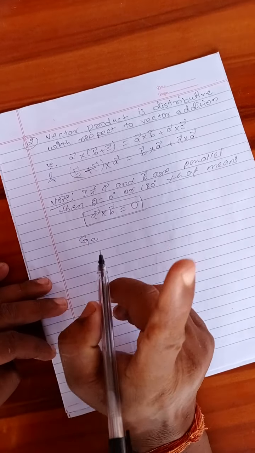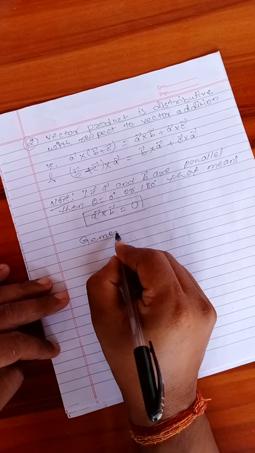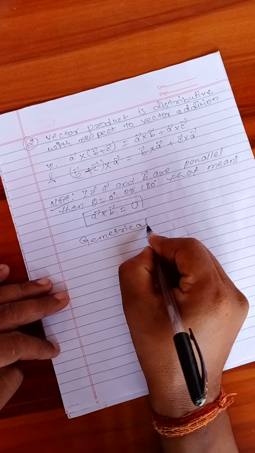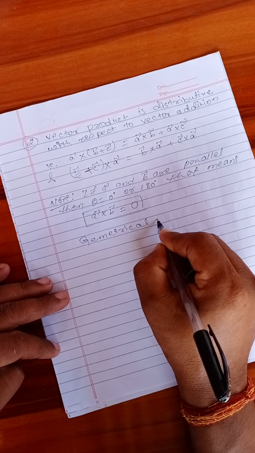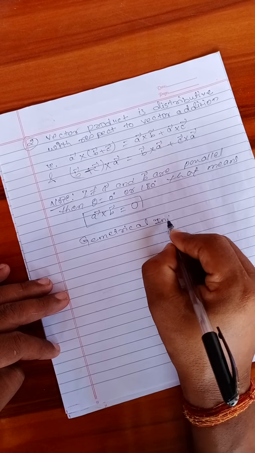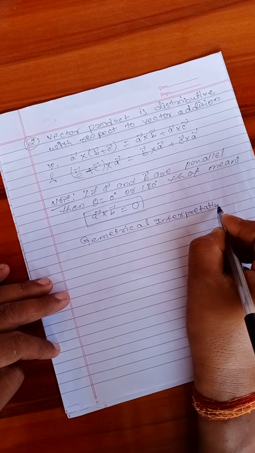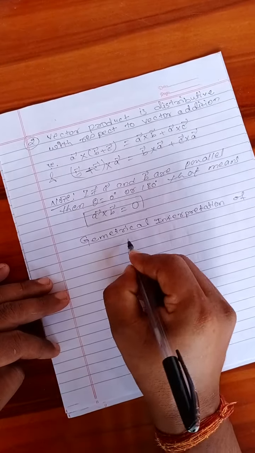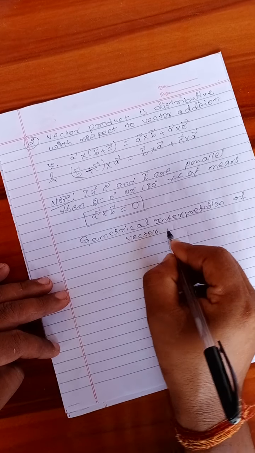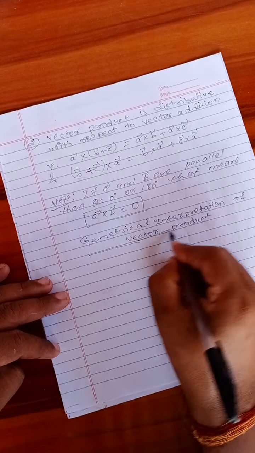Now the geometrical interpretation of the vector product. What is the geometrical meaning of the vector product?